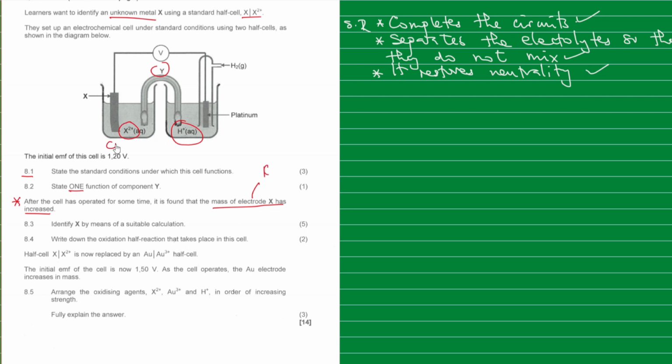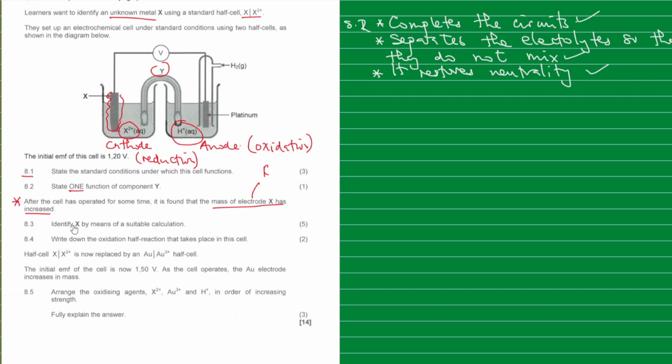So this is the cathode, and this is the anode. The hydrogen is our anode, so it is undergoing oxidation. It is losing electrons, and this one is undergoing reduction. There is gaining of electrons on that side. That's why this electrode is increasing in mass.